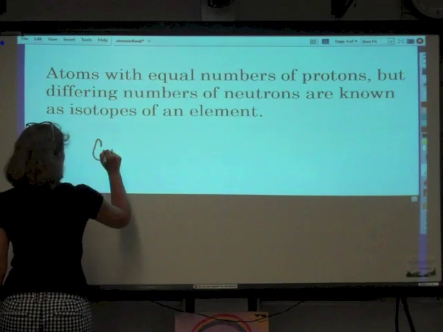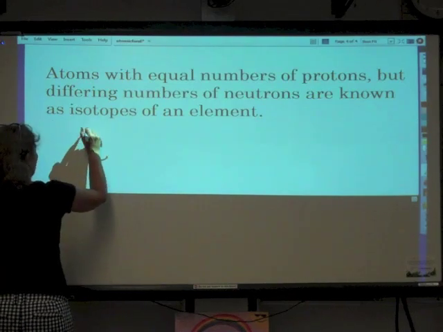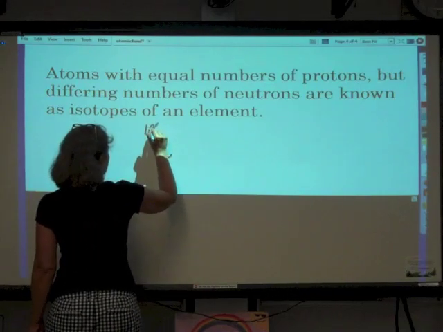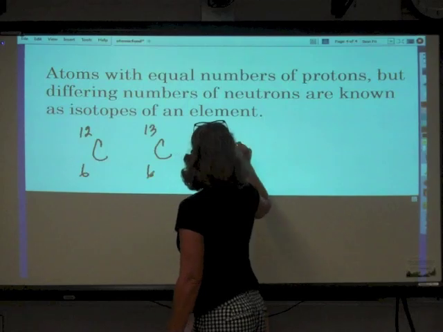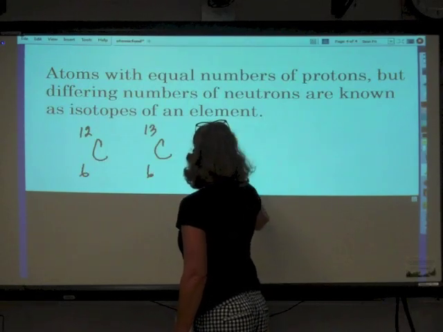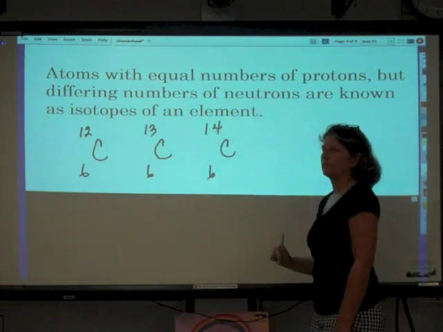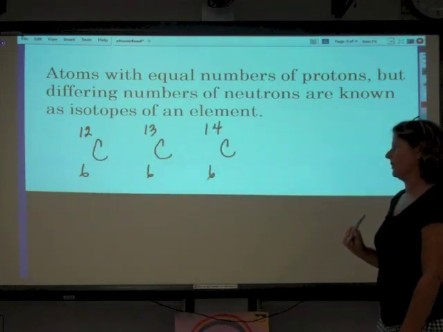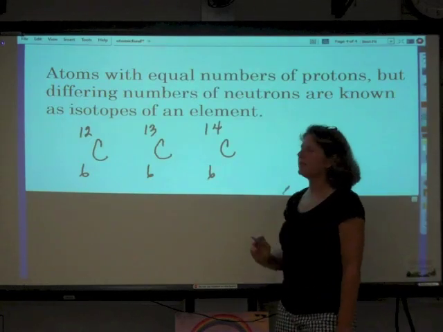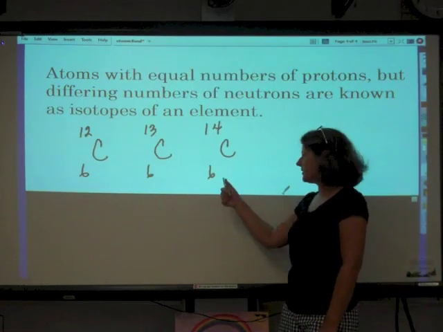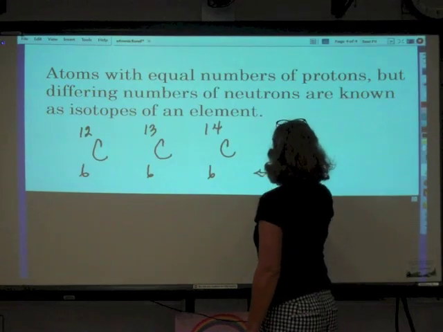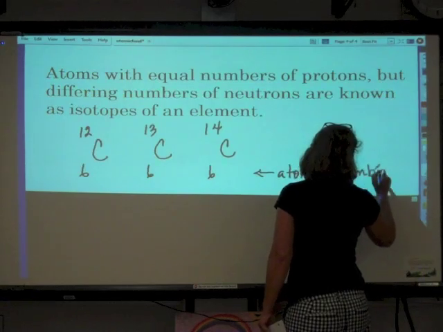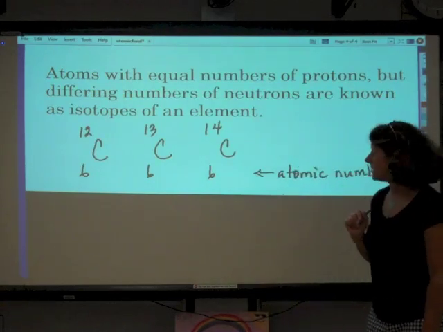So we've got carbon 12, we have carbon 13, and we have carbon 14. Okay, these are all isotopes of carbon. Okay, what do you think that 6 is? The 6 is the atomic number that we can find on the periodic table.